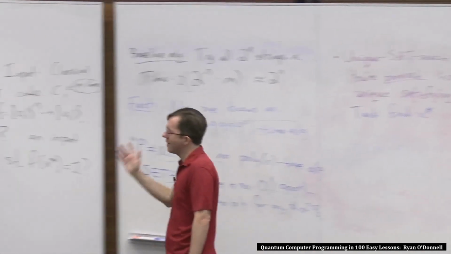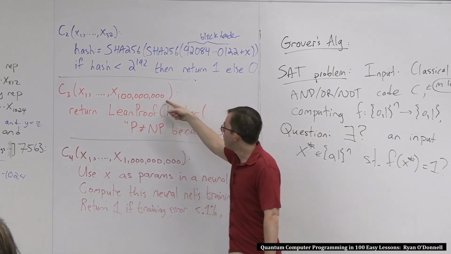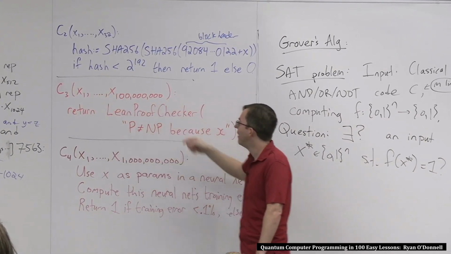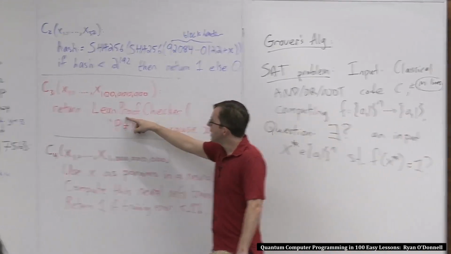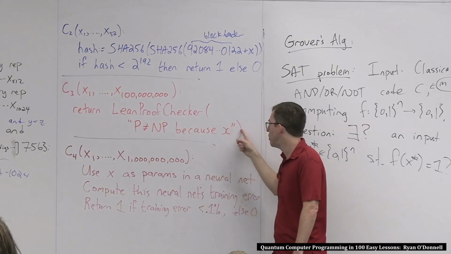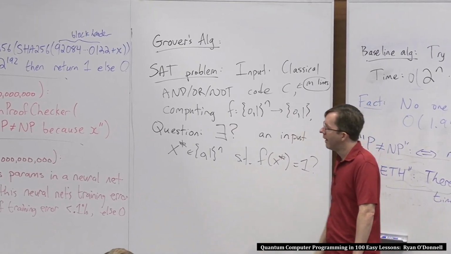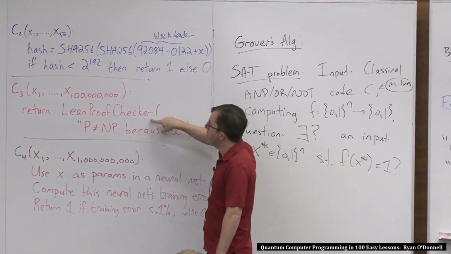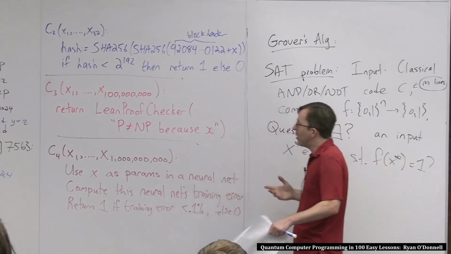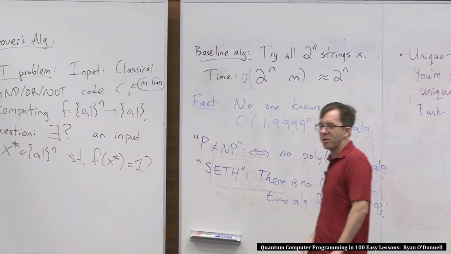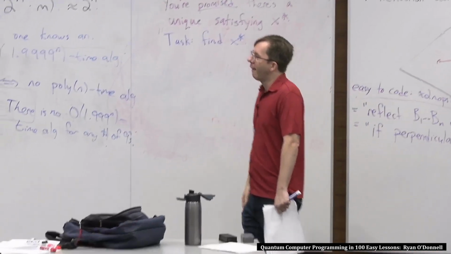Here's another one. I'm not going to explain this one too much, but this code takes in like 10 megabytes of bits. And maybe it interprets these bits as a candidate proof of the P does not equal NP theorem, written down in some mathematical language. There's a very popular mathematical proof checker that's used a lot today called Lean. So basically, you can pass Lean a string that's supposed to encode a mathematical proof, and it will tell you whether this proof is valid or not.